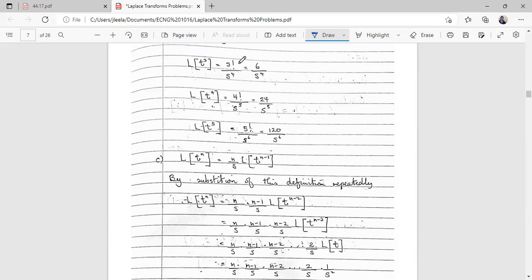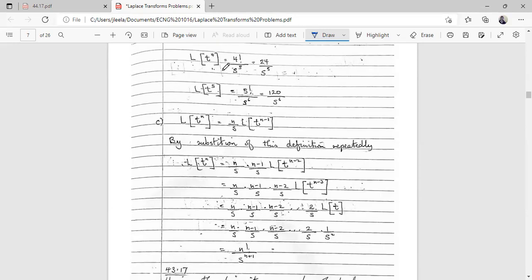Part C now. So you have the Laplace of t^n is n over s times the Laplace of t^(n-1). So if we substitute the definition repeatedly, we get n times (n-1) over s on the outside, and we'll have the Laplace of t^(n-2).